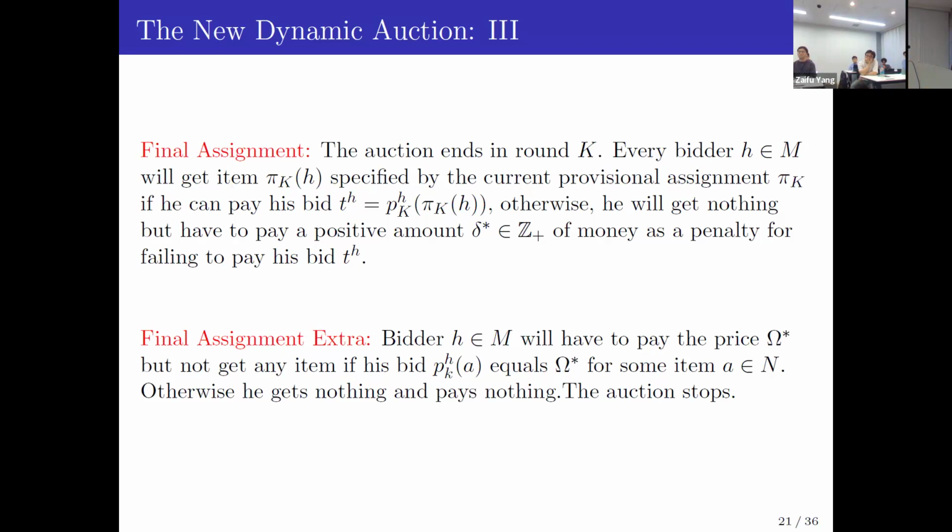So he will get nothing, and the others will get nothing or pay nothing. But this one will have to pay this price. In some sense he cannot pay this price, but we can still give him a penalty. So this is the option.